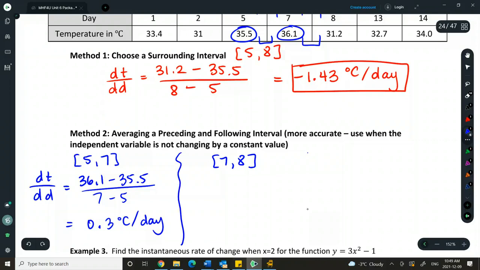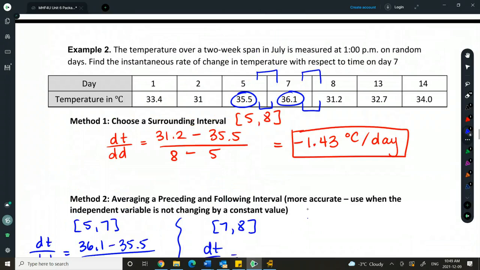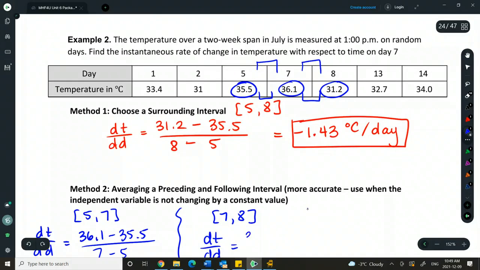Okay, then we're going to do 7 to 8. So the change in temperature over the change in time. So this will now be my temperature 2 and my temperature 1. So I'll do day 8's temperature minus day 7's temperature, and then I'll do over day 8 minus day 7.